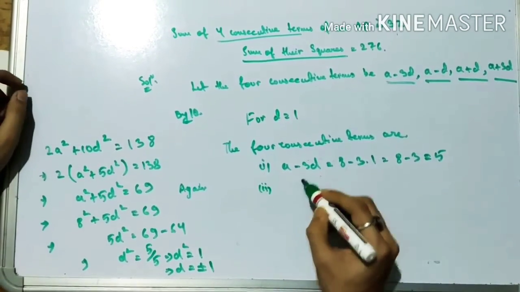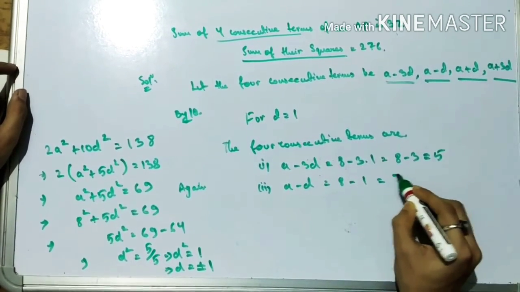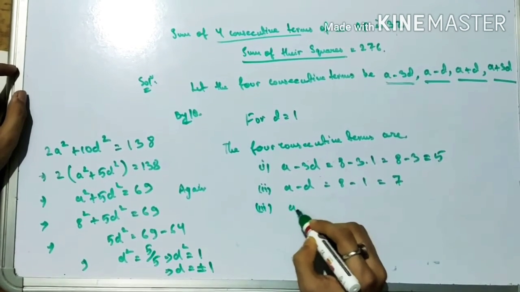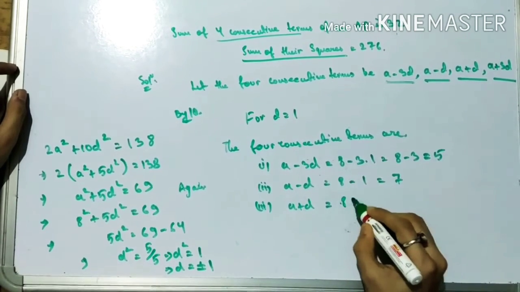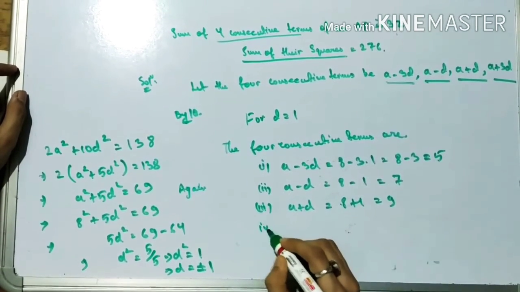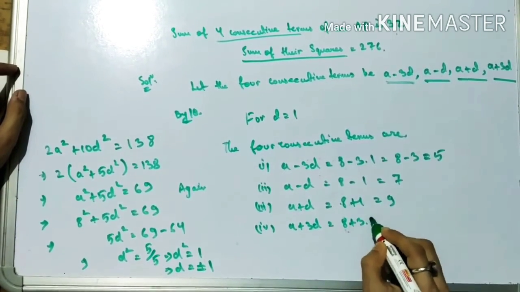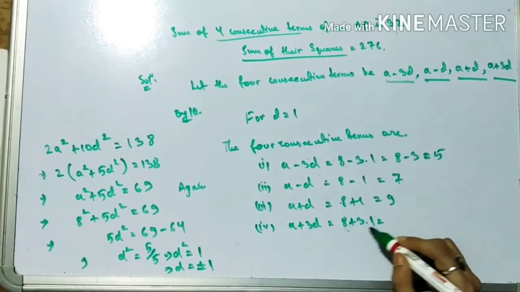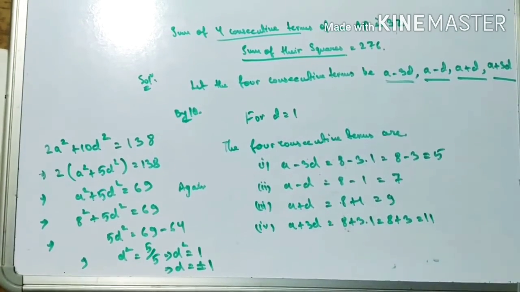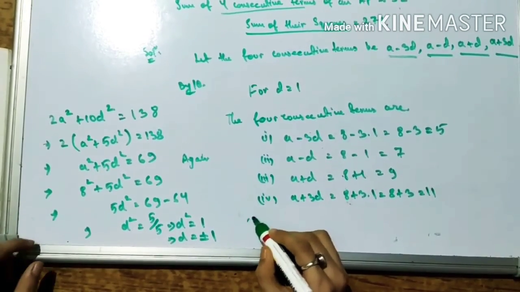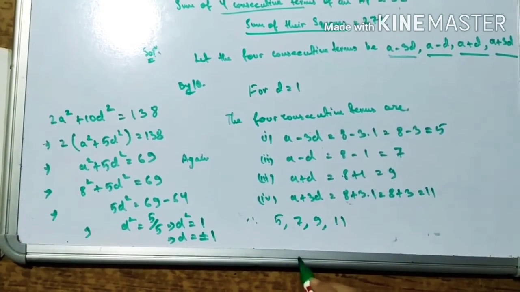Next, a minus d, 8 minus 1, which is 7. Third, a plus d, 8 plus 1, which is 9. Fourth, a plus 3d, 8 plus 3 into 1, which is 11. So the 4 consecutive terms are 5, 7, 9, 11.